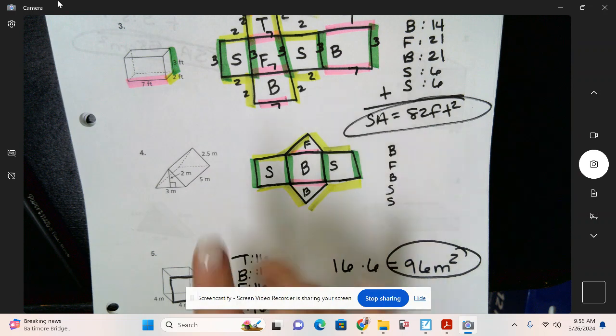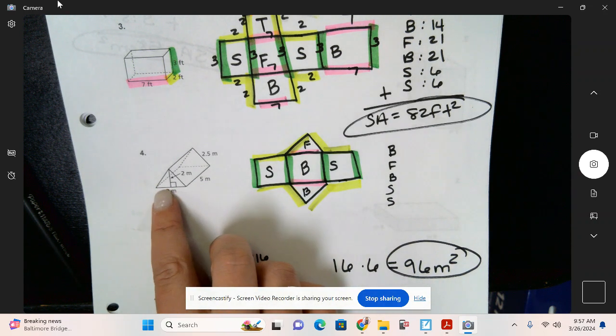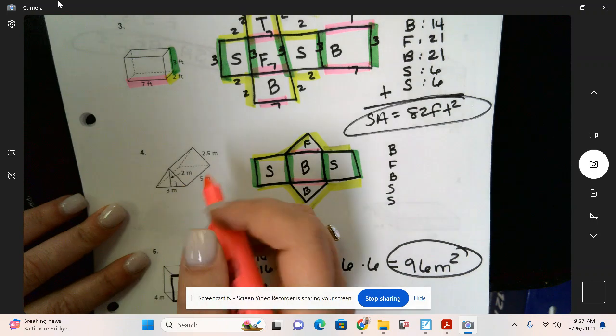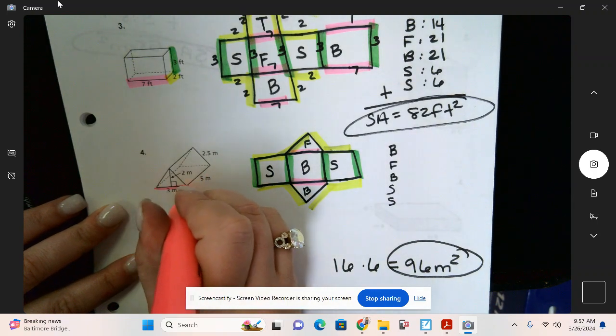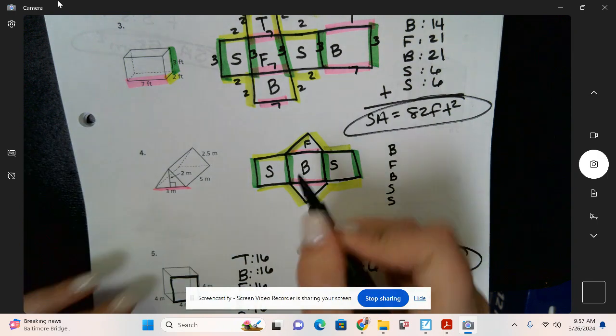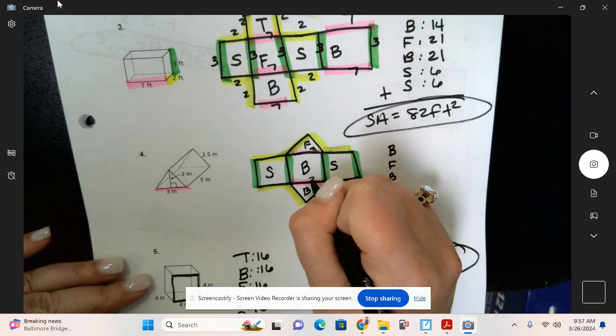Let's start with the base of the triangle because we can find that real easy. How long is the base of the triangle? 5. No, of the triangle. 3. Okay, so the base of the triangle is 3.